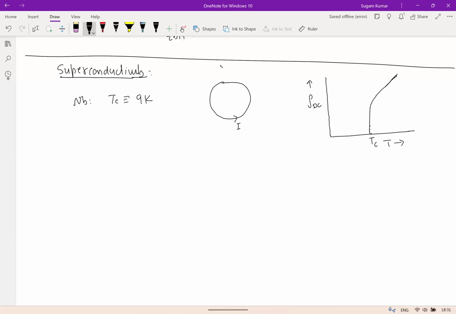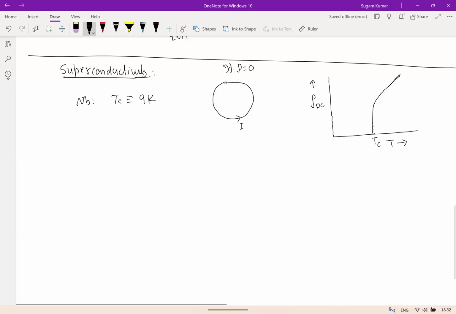If the resistivity is 0, then this current will never decay. This current will always keep moving for an infinite amount of time without any decay. So if you check this current maybe after 1 year, or 100 light years, or a billion light years, still the current will be flowing.